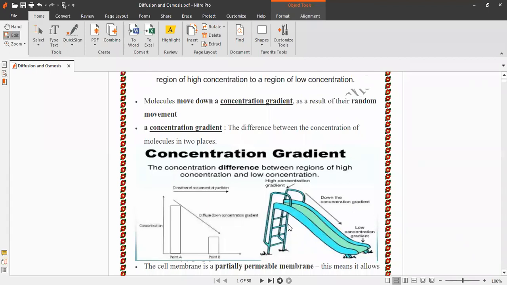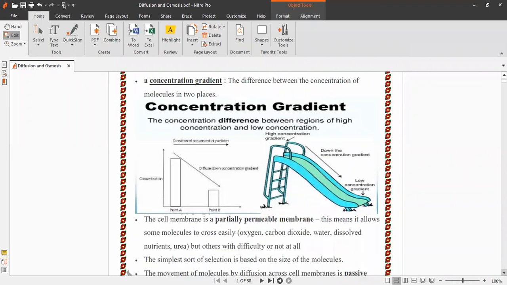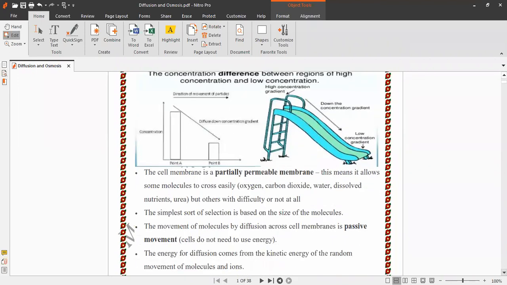And also, diffusion doesn't need energy from cells, from respiration. Okay, but how do these molecules move? They move down, like a slide, down the concentration gradient from high concentration to low concentration as a result of random movement.